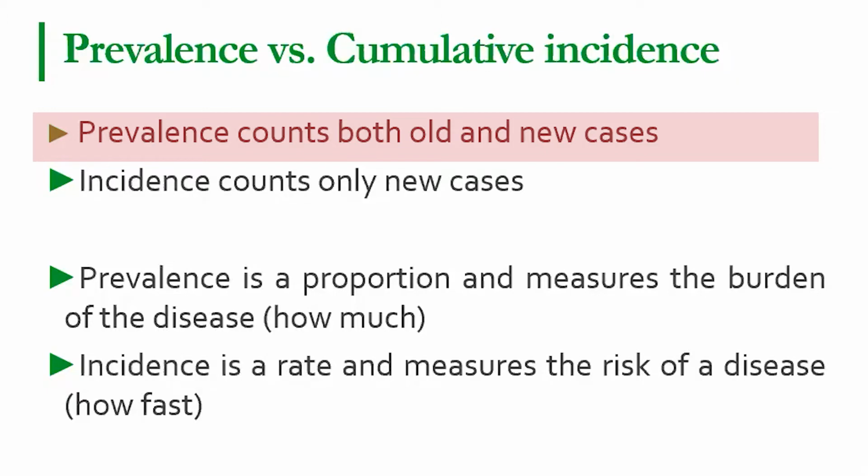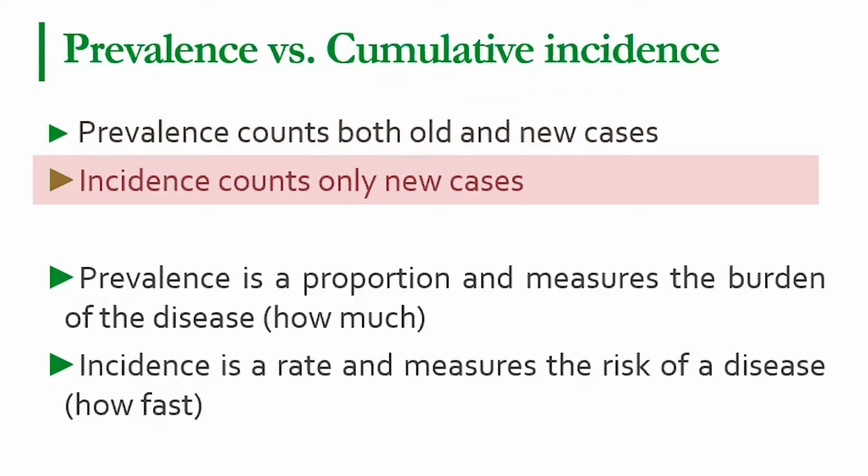So whatever has existed as a case within the time frame of the study or the point in time we are checking, and whatever has developed, it's counted. While in the incidence, the counts only refer to the new cases occurring during the follow-up period, so during the study period or the period we are investigating.